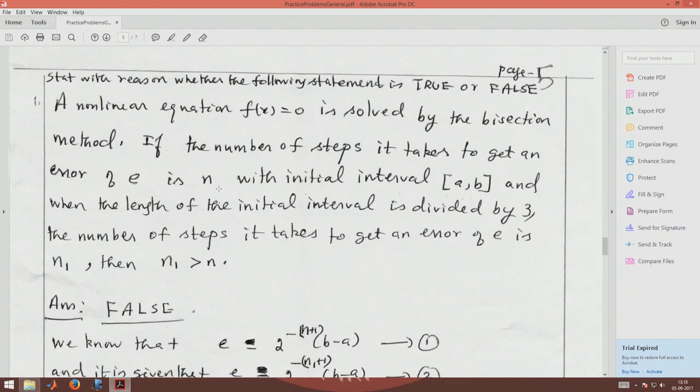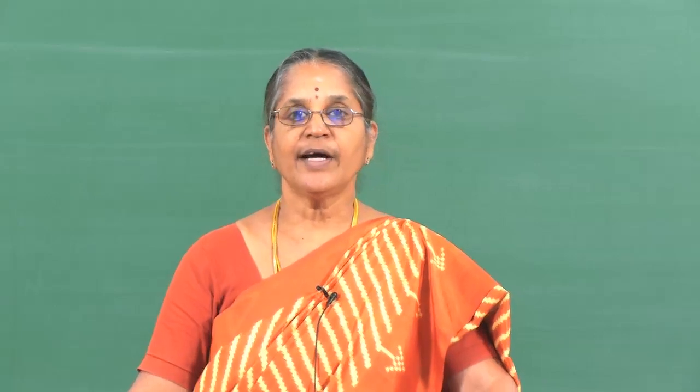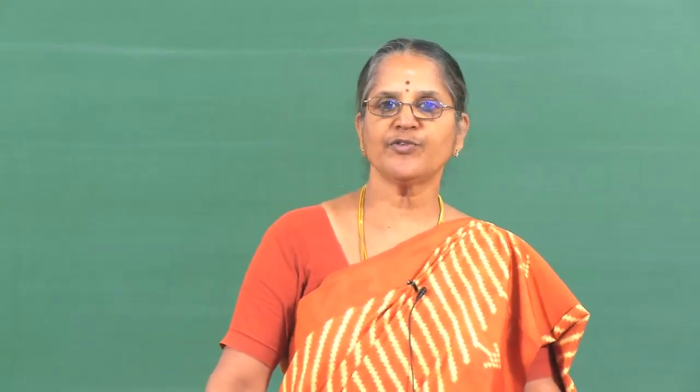Then we have a result which says, state with reason whether the following statement is true or false. So, the statement is, a nonlinear equation f of x is equal to 0 is solved by bisection method. So, it is a direct method for solving an equation of the form f of x is equal to 0. It belongs to the class of enclosure methods.